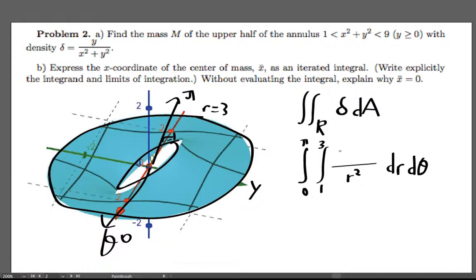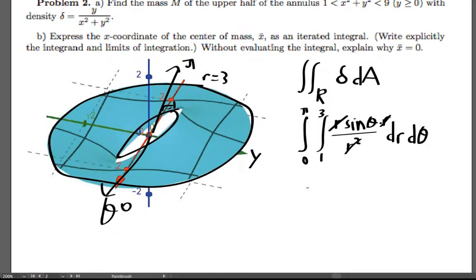So what's y at the top? It is something we have already computed. It's r times the cosine theta. No, r sine theta, because this is the y direction. But we are not finished when we apply this. You need to multiply this again by r. In fact, the r actually cancels out, which makes this only the integral from pi to 0 of the integral from 3 to 1 of sine theta dr d theta.